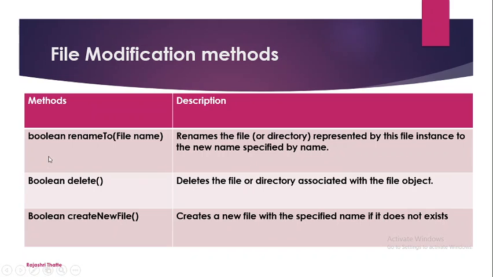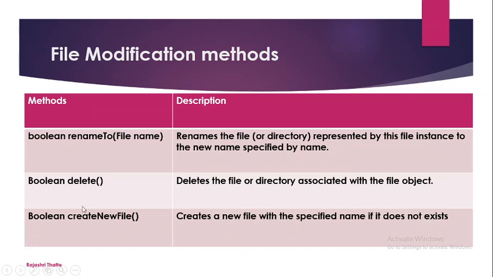Here again the return types are boolean. After whatever operation we perform, we can check whether it was done successfully or not. In short, we will go one by one. boolean renameTo(File name) renames the file or directory represented by the file instance to the new name specified.